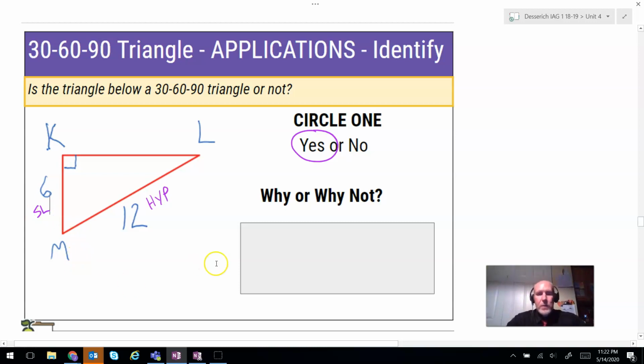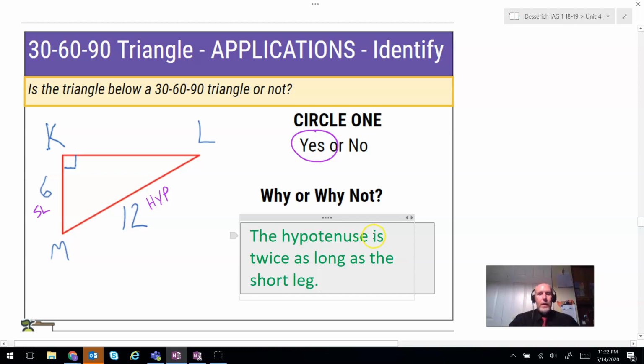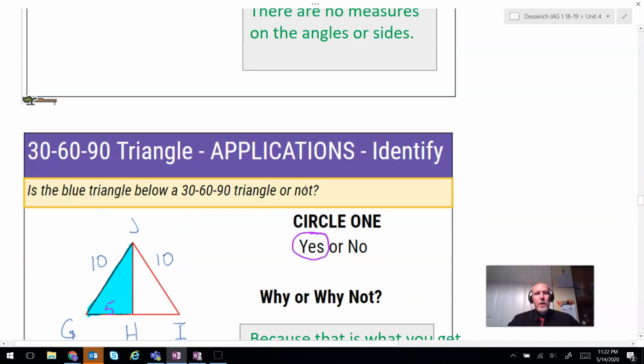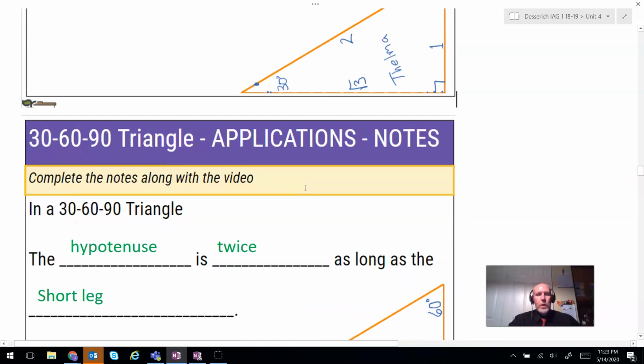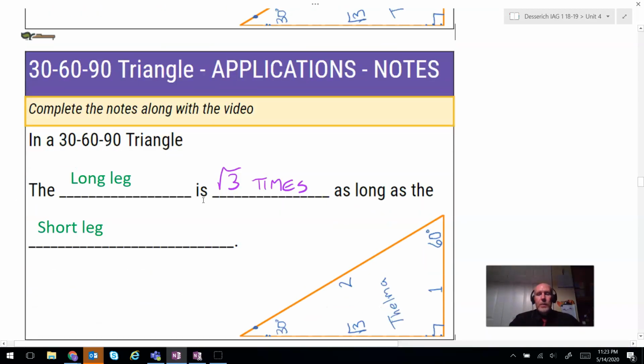And if that's a relationship, then we do have a 30, 60, 90 triangle. Yes, because the hypotenuse is twice as long as the short leg. Okay, and that relationship we talked about up above, when the hypotenuse is twice as long as the short leg, that comes from a 30, 60, 90 triangle.